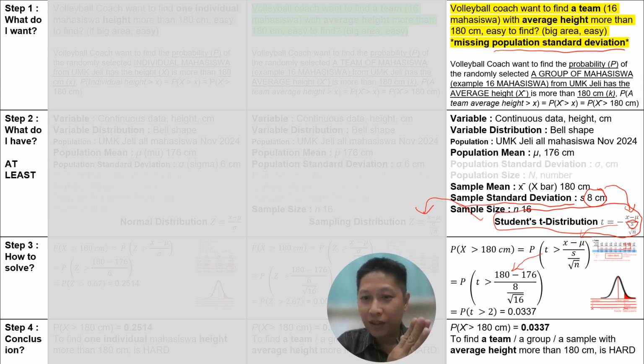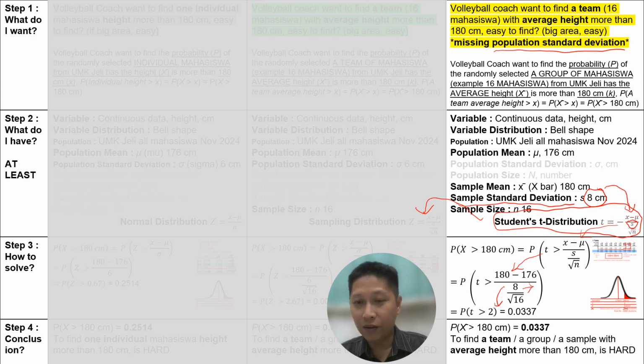From the original, we had the variable in cm. Now we have it in the form of a t-score, but we don't want the t-score. What we want is the probability. So we need to ask the t-table to help us. The difficult part about this kind of student t-distribution is converting from t into probability. It's a little bit complex. Later on, you try to see how the calculation is done from the given table here.